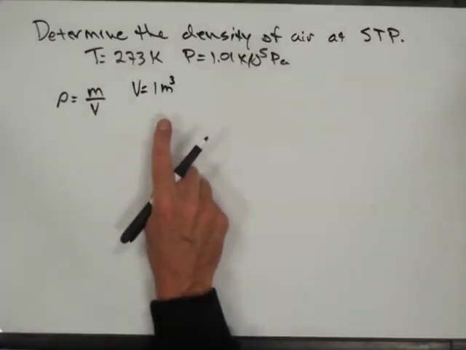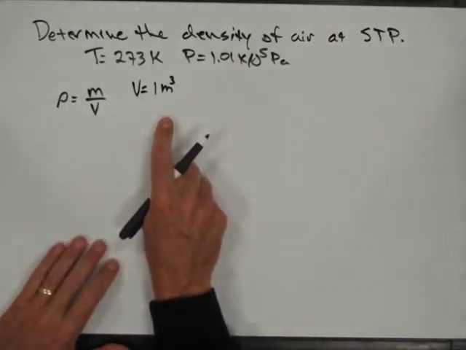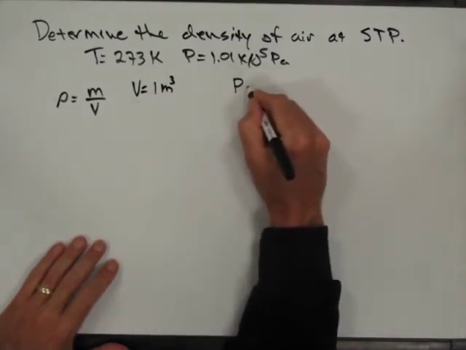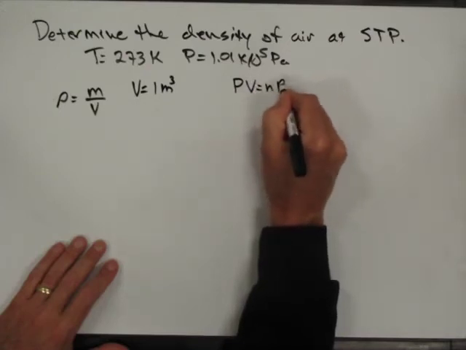The way we're going to do that is first we're going to figure out how many moles of air are in a cubic meter. We can start with the ideal gas law, PV equals nRT.